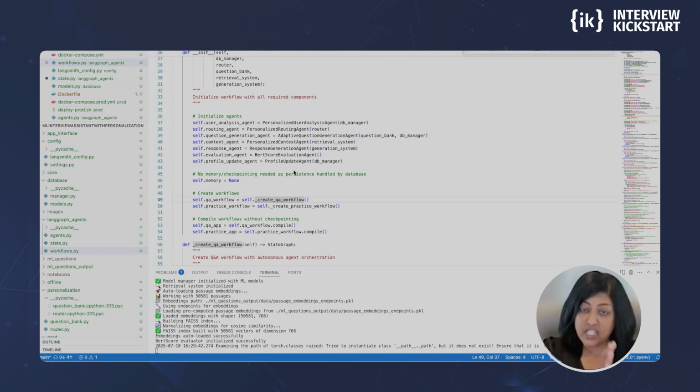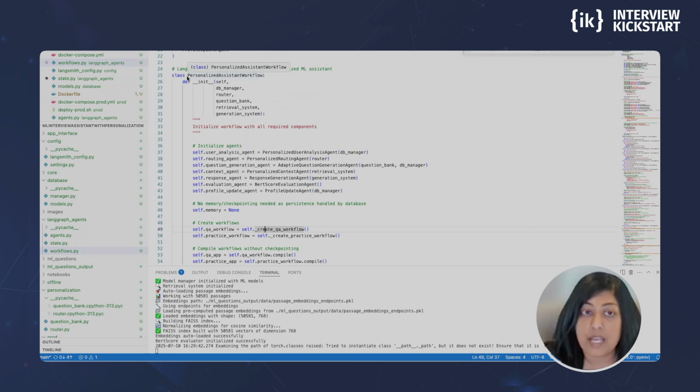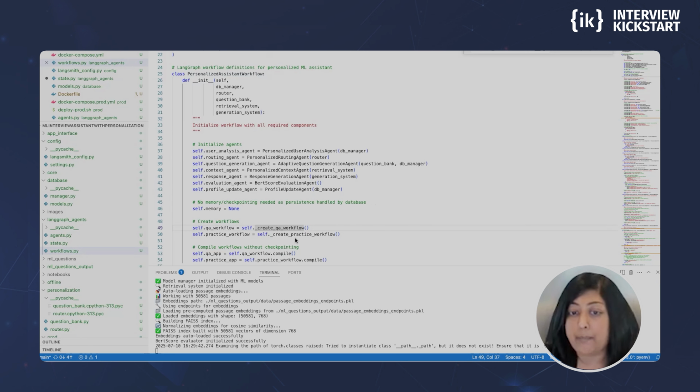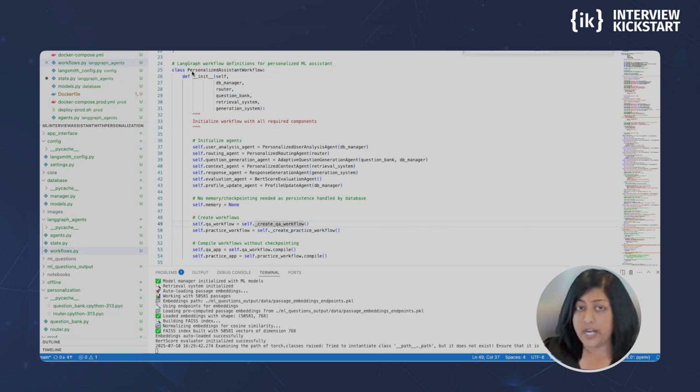Okay, so mapping it to the code snippets. This is my main coordinator that's orchestrating the 3 different LangGraph workflows that I have. One workflow in the QA mode, question answering mode, and there are 2 workflows in the practice mode, all coordinated by the personalized assistant workflow that you're seeing here on my screen.